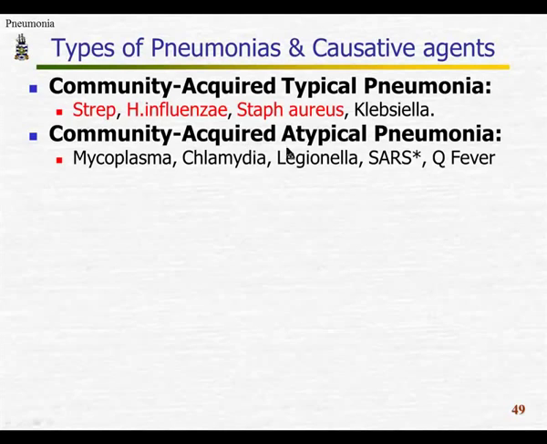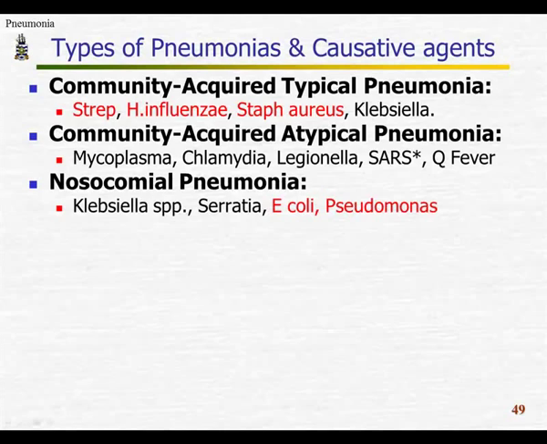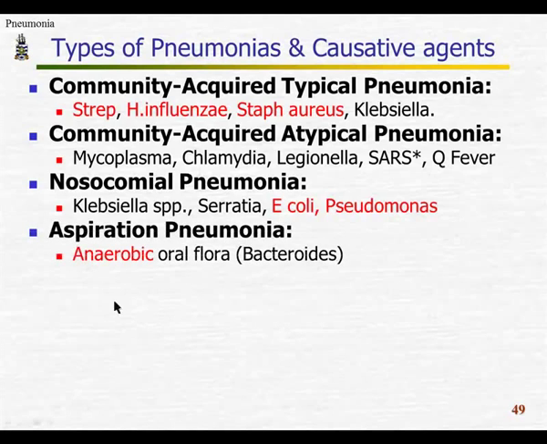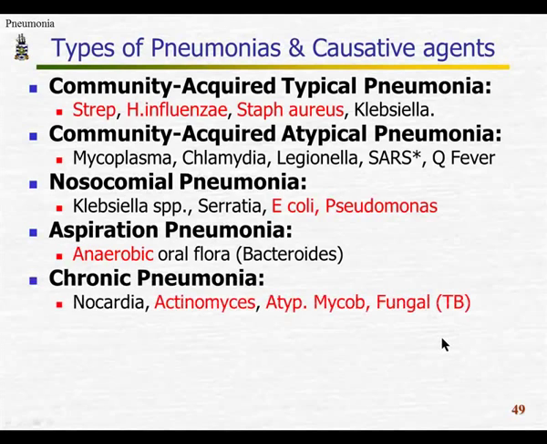Community acquired atypical pneumonia, Mycoplasma, Legionella, SARS, Q fever. Nosocomial or hospital acquired infections are gram negative, E. coli, Pseudomonas, gram negative rods. Aspiration pneumonia is anaerobic bacteria.